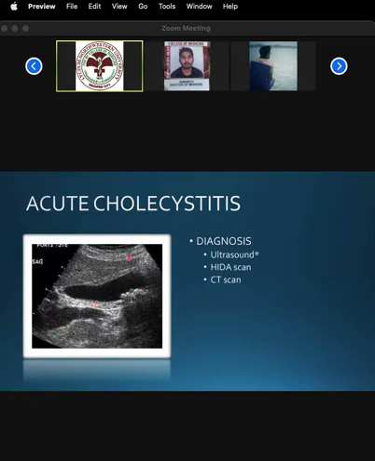And sometimes even the sonologist may be able to elicit a sonographic Murphy's sign. We may request a HIDA scan, but a normal HIDA scan does not entirely exclude acute cholecystitis. A CT scan may also be requested, but it is less sensitive than your ultrasound.